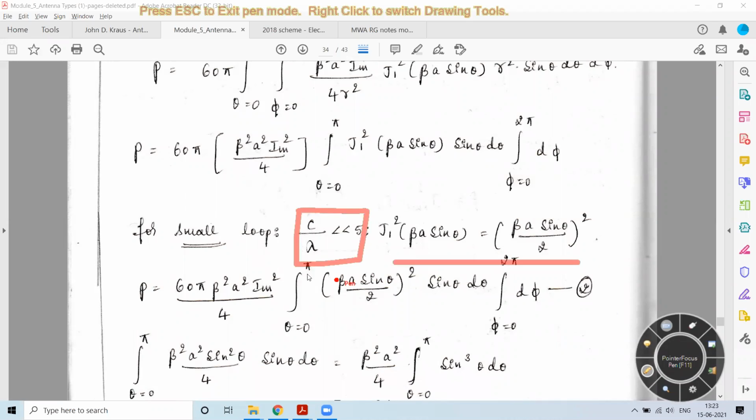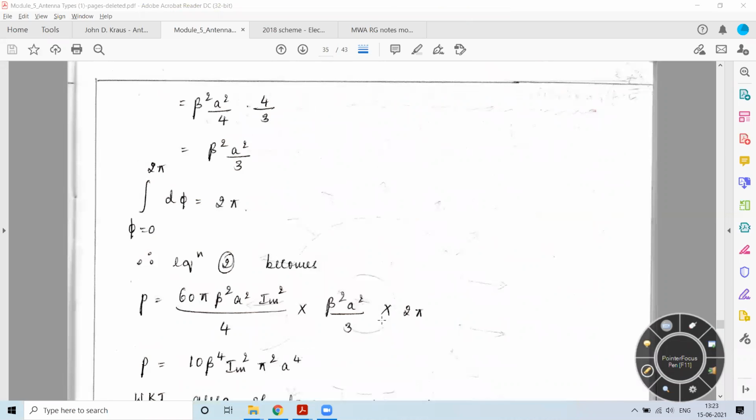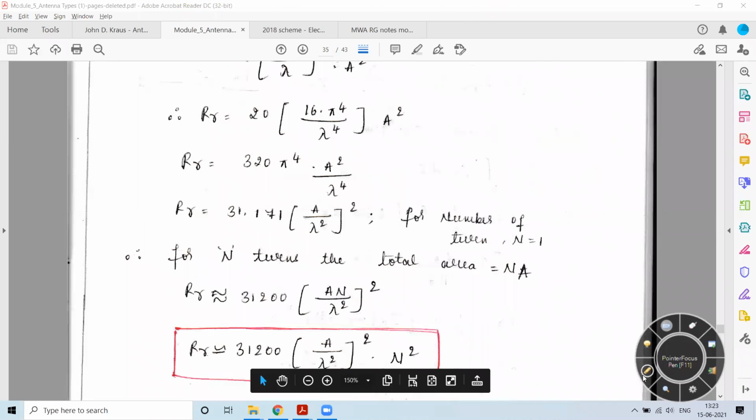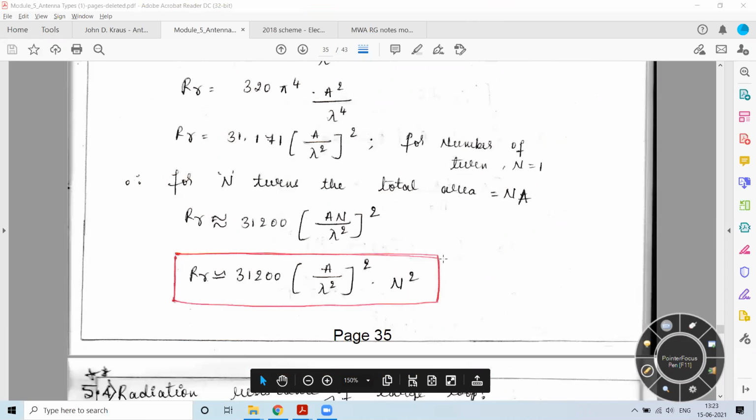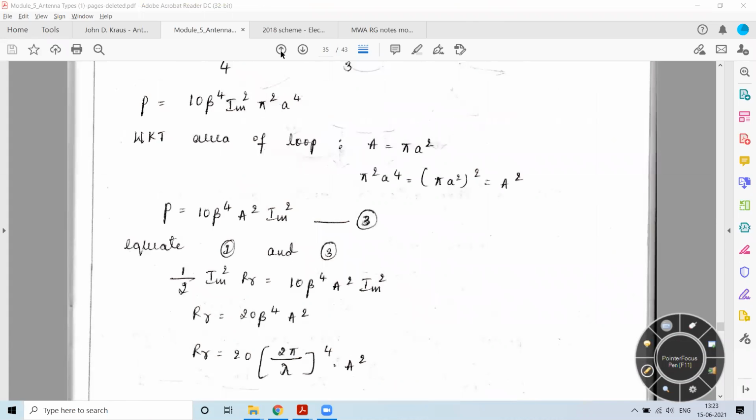After all these simplifications, you will be obtaining this equation.